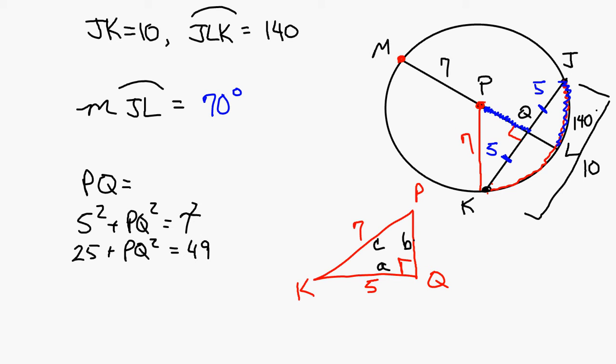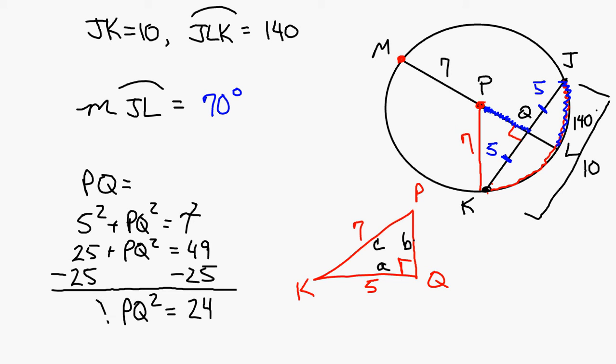If you subtract 25 from each side, then PQ squared equals 49 minus 25, which is 24. And if you find the square root of each of these, then PQ equals the square root of 24.